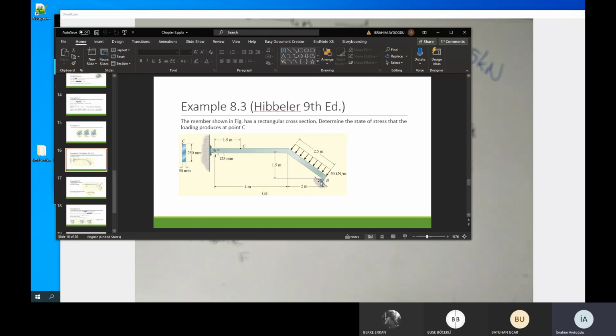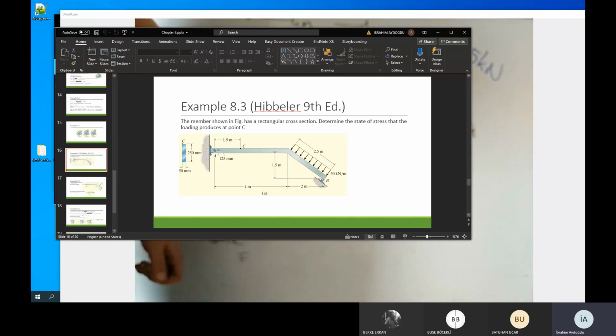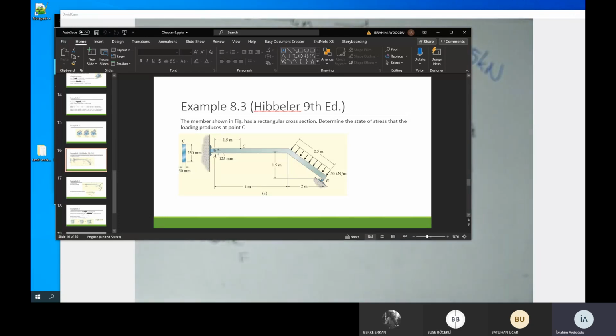The length of the beam is 2.5 meters, so half of the length is 1.25. I can't write 0.75. If I am wondering about this vertical distance, this distance is 0.75. Sorry, you cannot see.